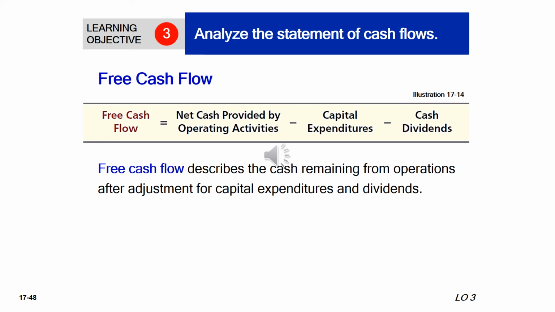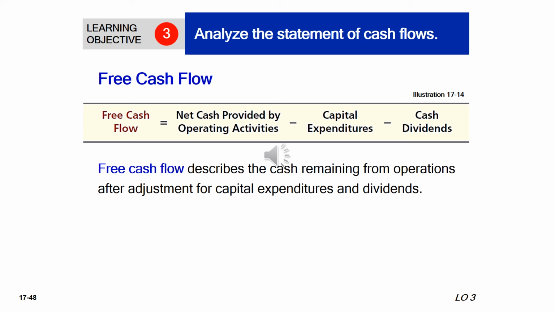Okay, this is the simple formula that you can apply to pretty much any company to figure out what is the free cash flow, which pretty much just describes the cash remaining from operations after adjustment for capital expenditures and dividends, right? And the formula is as follows, as you can see in front of you: free cash flow equals net cash provided by operating activities as you got from your statement of cash flow.